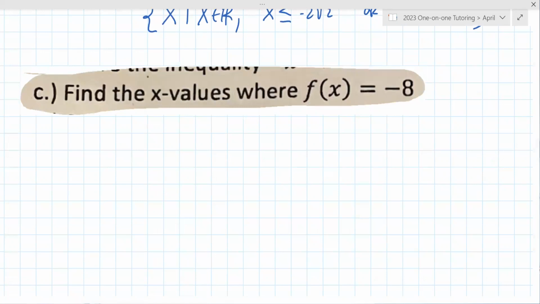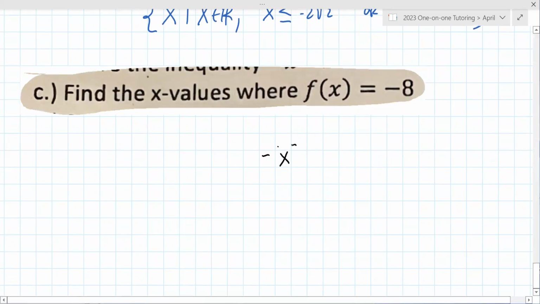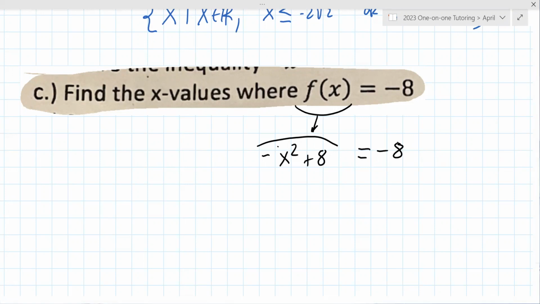We have to go back and grab f of x. f of x is minus x squared plus 8. So instead of f of x, we're writing this equals minus 8. You're replugging it in. f of x is a function.